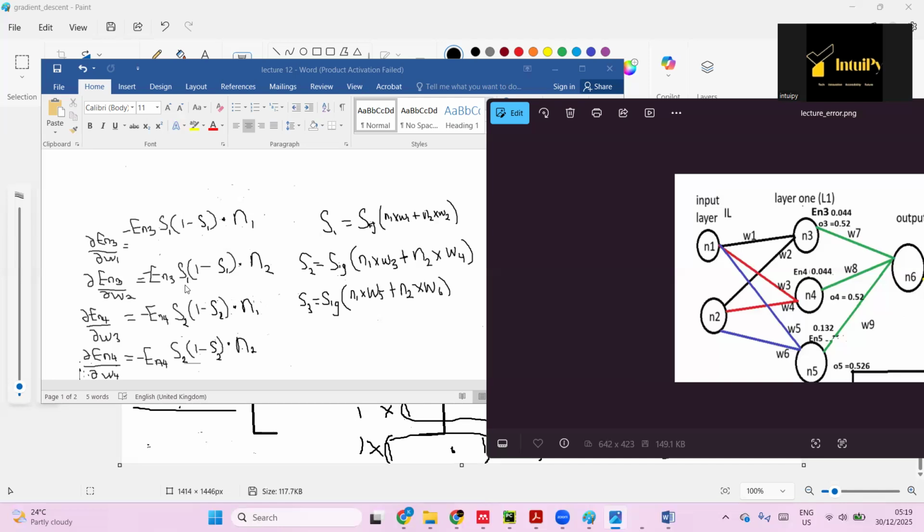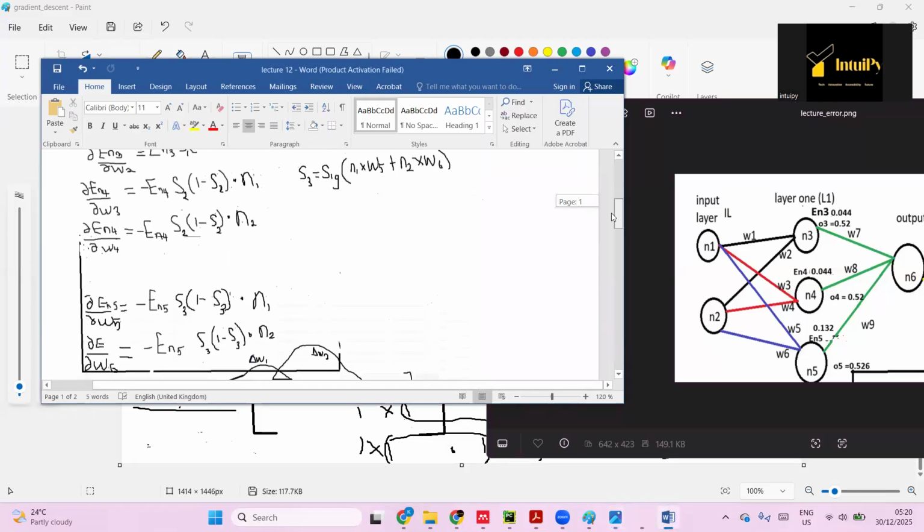And then S1 would also remain the same because it is N1 times W1 plus N2 times W2, the flow into this node. And then this node also has that error, and we'll reckon with that error. Here's the EN3, S1, and then times N2 in this case.